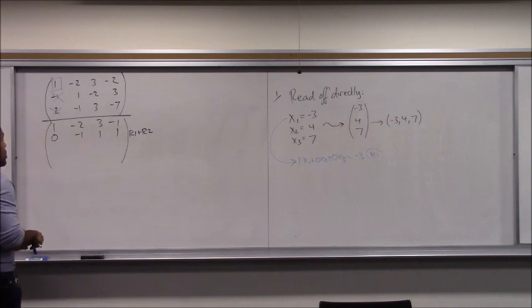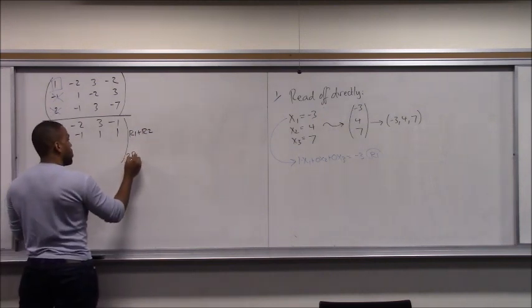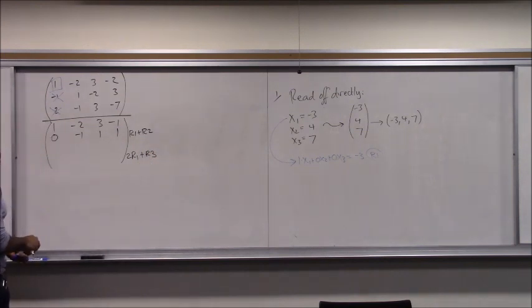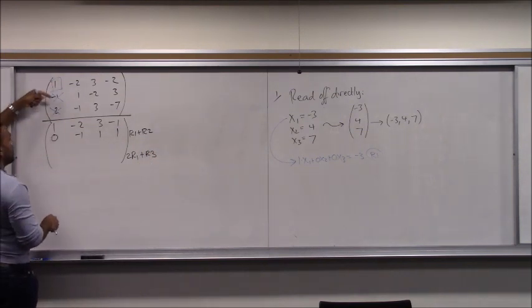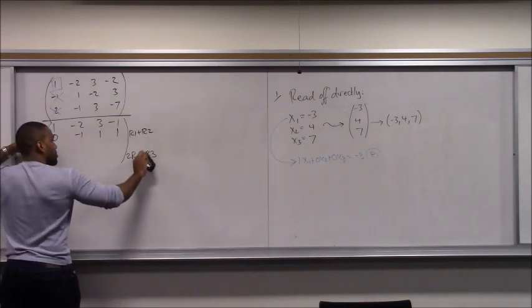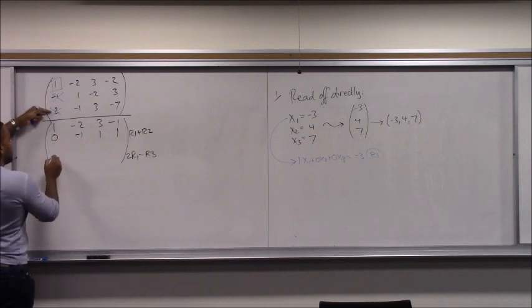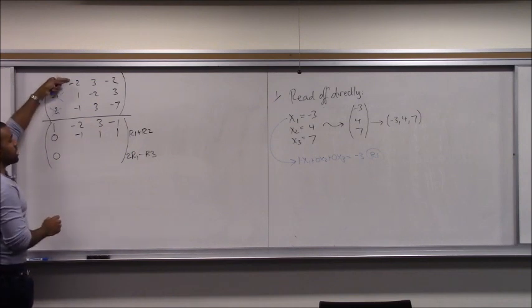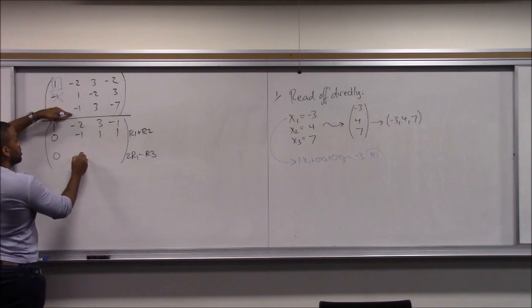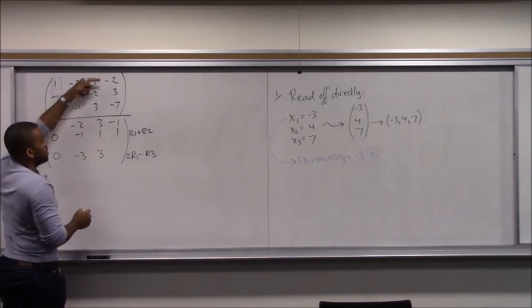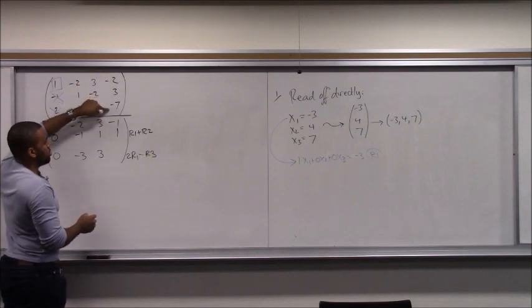Okay. Similarly here, I want that to be a 0. So what I can do is I can take 2 times row 1 and add it to row 3. Right? 2 times this is 2, subtract row 3. 2 times this minus that is 0. 2 times this is minus 4 plus 1. 2 times this is 6 minus 3. 2 times this is minus 4 plus 7.